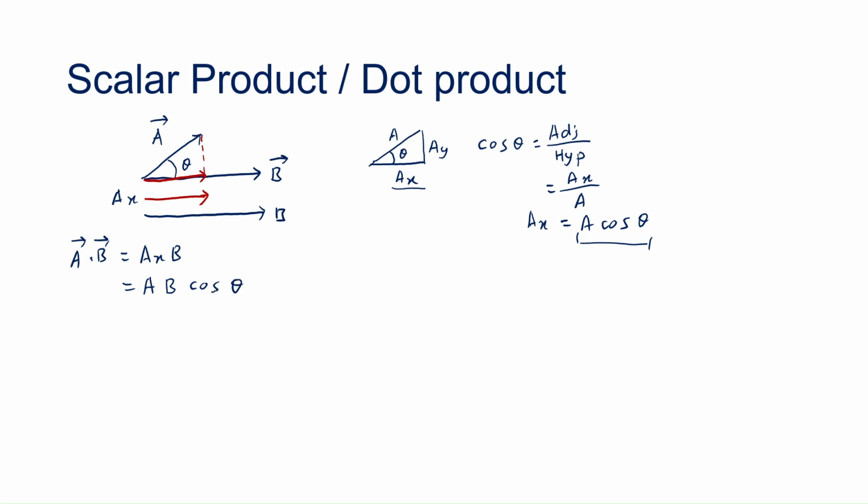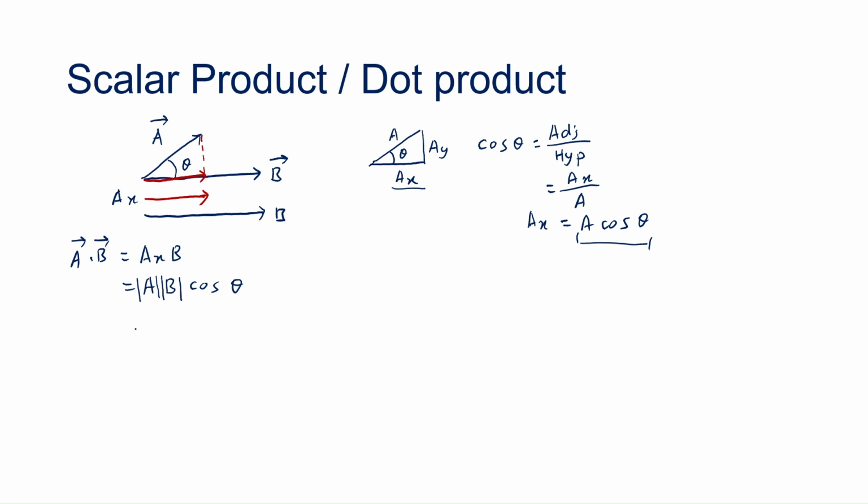Usually we will just take this A and B as an absolute magnitude, absolute value. That means we just take the value, we do not consider the positive and negative, that kind of thing, because they were taken by this angle theta. Later you will see the example on this.